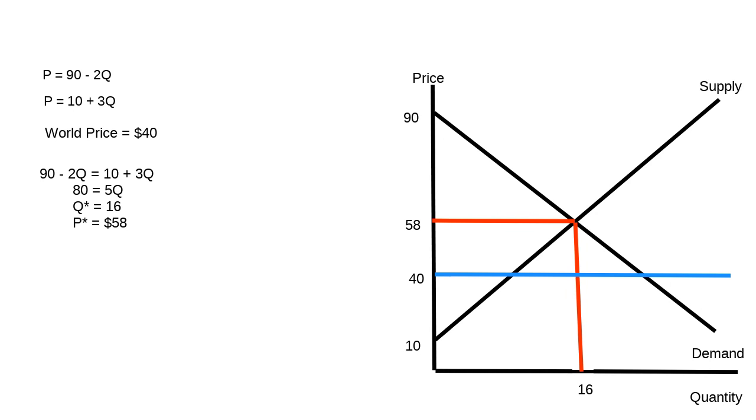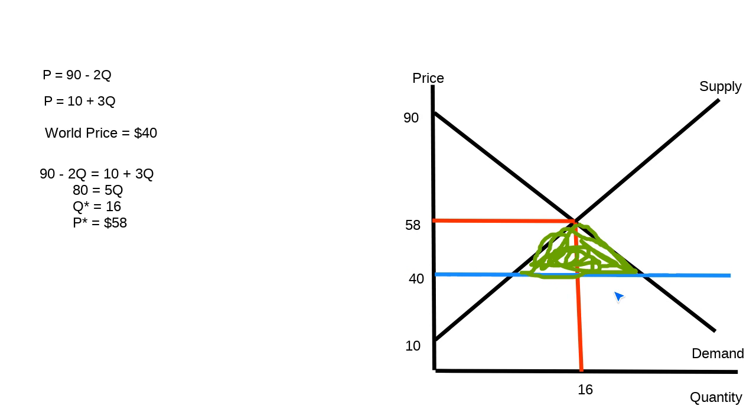So the gains from trade are going to be this triangle. And what does this triangle represent? It's the distance between the equilibrium price in the closed economy and the world price times the imports.